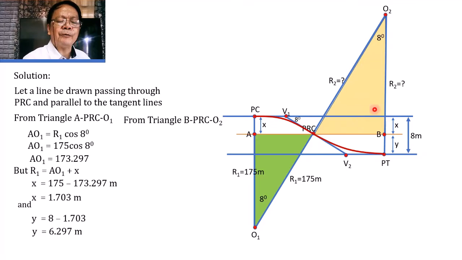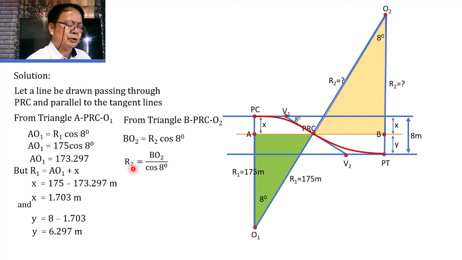We can find from this triangle the ratio of B to O sub 2 to R sub 2 is equal to cosine of central angle A. So B O sub 2 is equal to R sub 2 times cosine of 8 degrees, so that R sub 2 becomes B O sub 2 times cosine of 8 degrees.